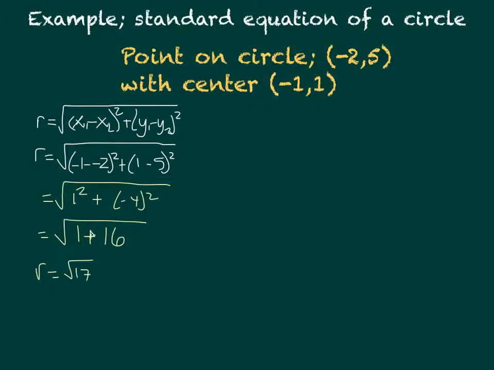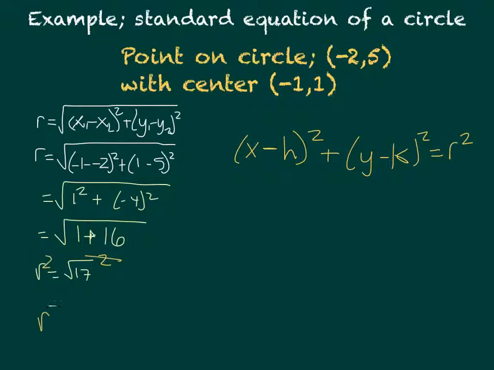So if I want to put it into my standard form equation, recall that the standard form is (x minus h) squared plus (y minus k) squared equals my radius squared. So I want my radius squared, so I'm going to square both sides here, and my radius squared would then be 17. So I know it should be set equal to 17.